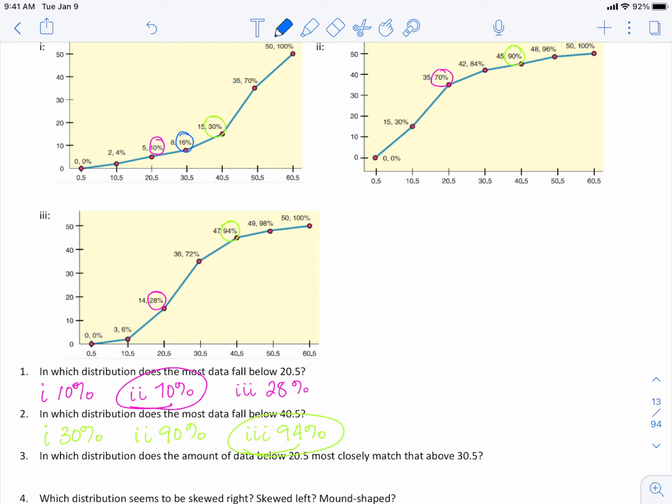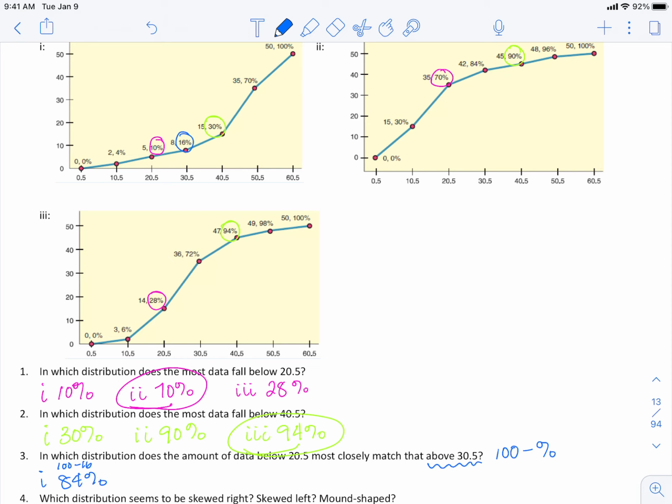So we have to think 16% is below 30.5, but we want above 30.5. So we have to do 100 minus the percentage shown. So 100 minus 16 tells us at graph 1, we have 84%.